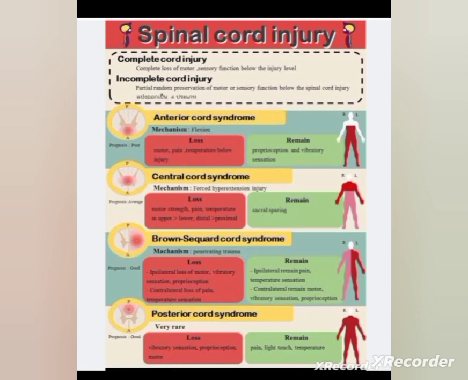Incomplete injury is divided based on the level of injury or the area injured into different syndromes: anterior cord syndrome, central cord syndrome, Brown-Sequard syndrome, posterior cord syndrome, conus medullaris syndrome, and cauda equina syndrome.